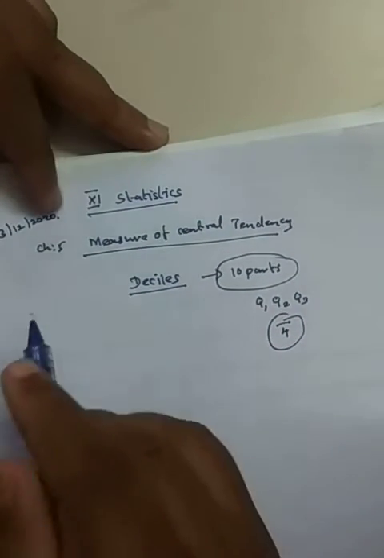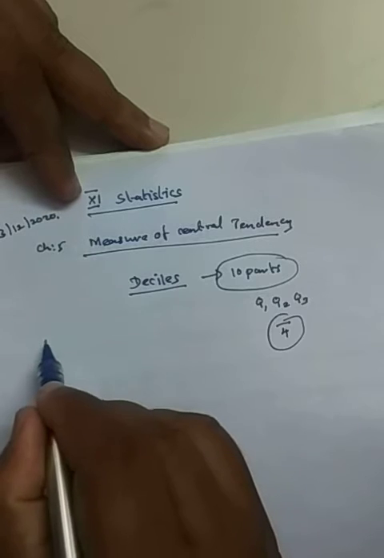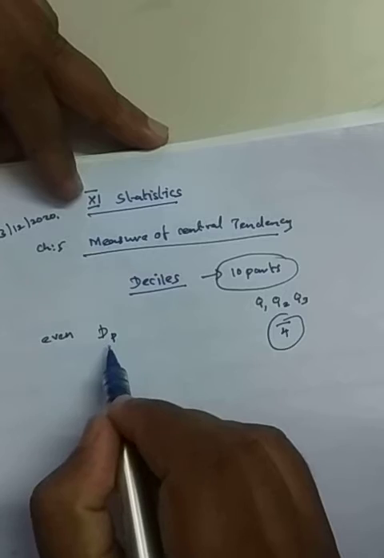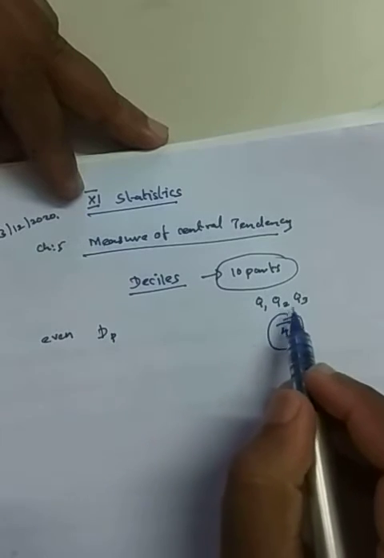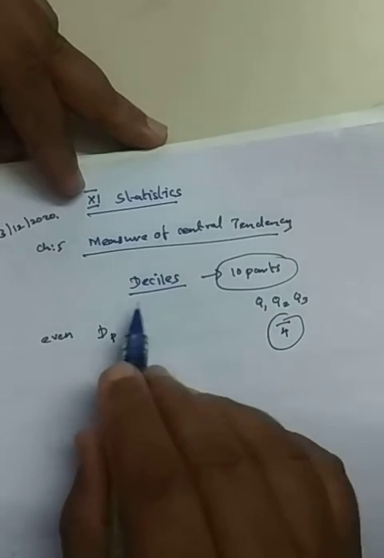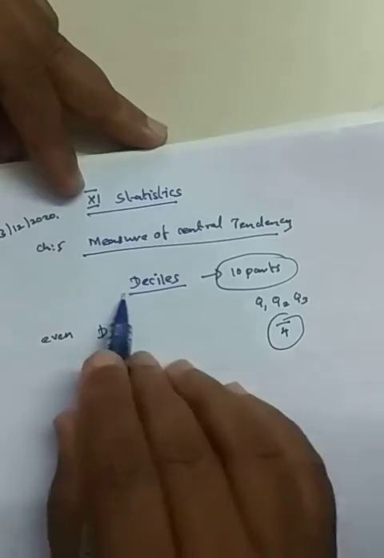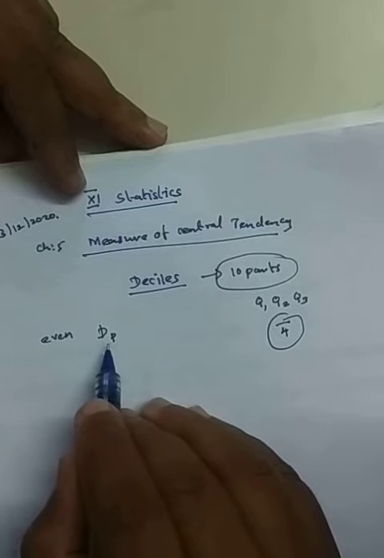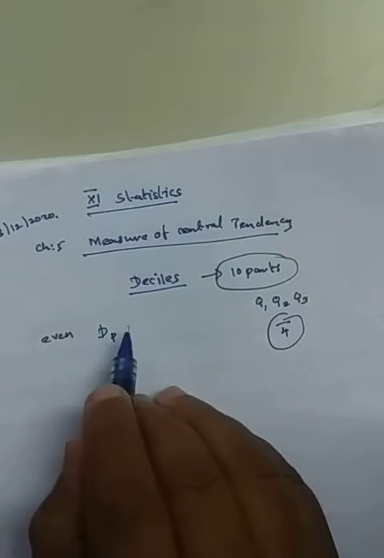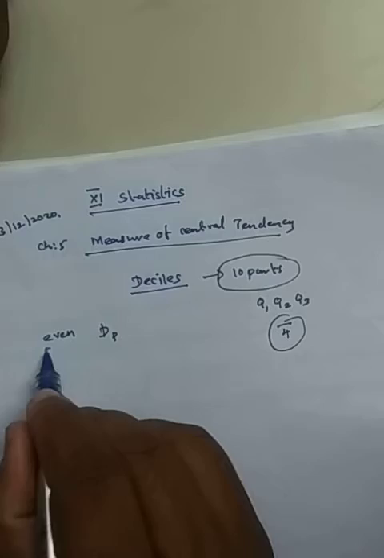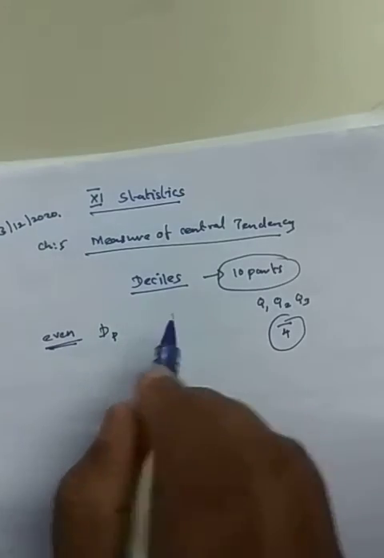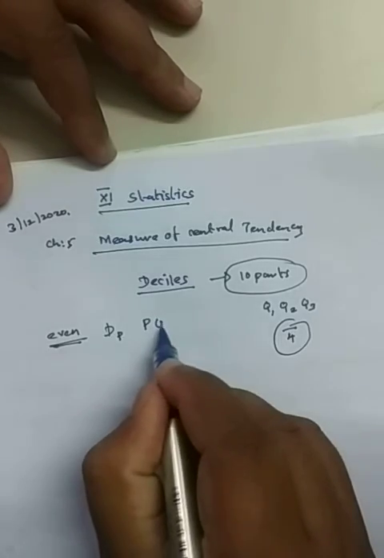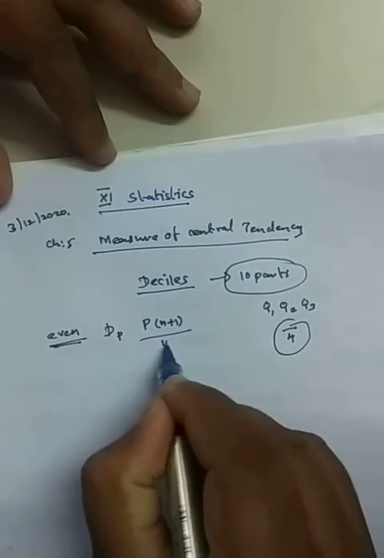So what's the formula? We don't know which part, so I write Dp, just like Q1, Q2, Q3 are first, second, third parts. Here P means dividing the data into 10 parts. If n is even, Dp is the p into (n plus 1) by 10th term.